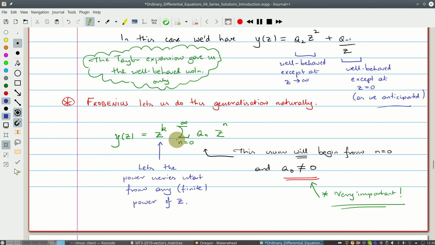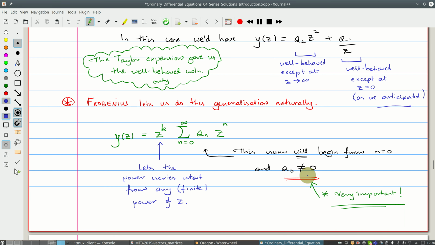This part is the well-behaved part, and this part could be singular. Because we have this first term z to the k, we've introduced one more degree of freedom, so I'm going to remove one degree of freedom from the sum. I'm going to require now that a naught is not 0. So the sum will begin from n equals 0, and that first term a naught is not going to be 0. This is very important.